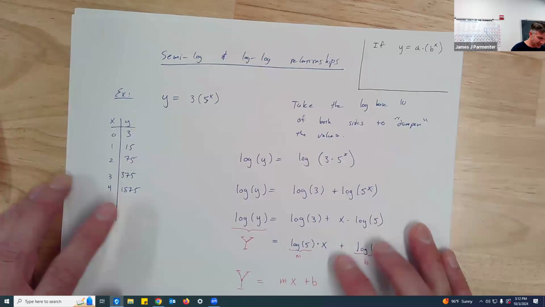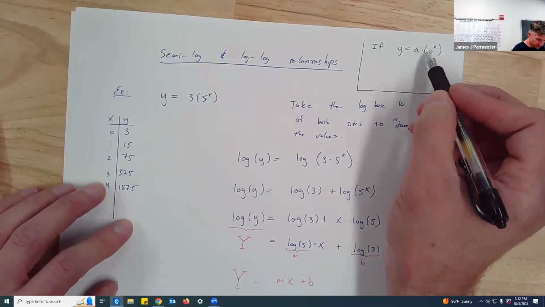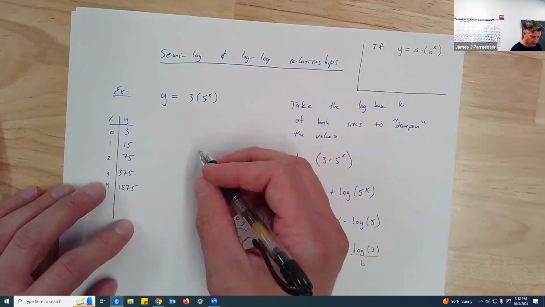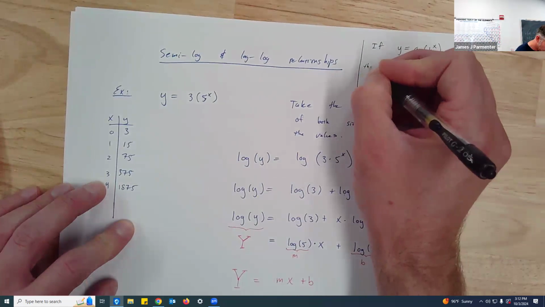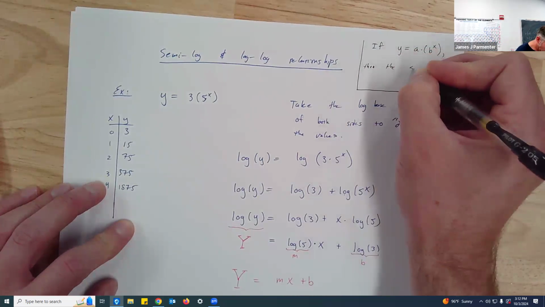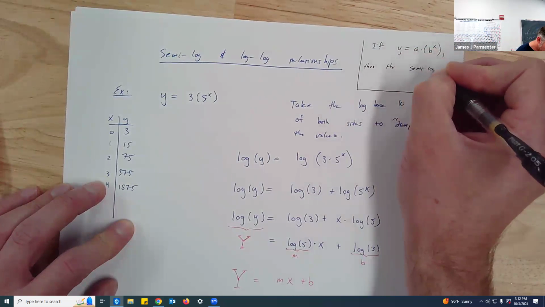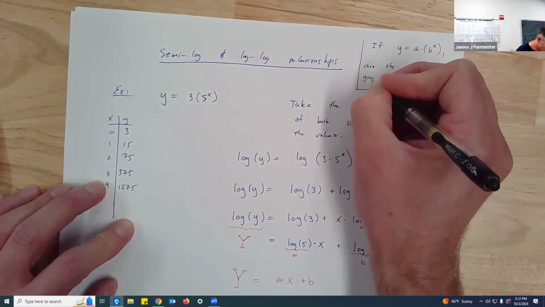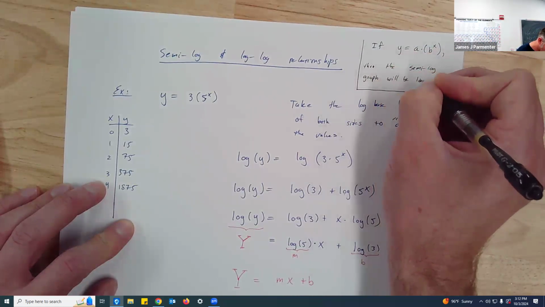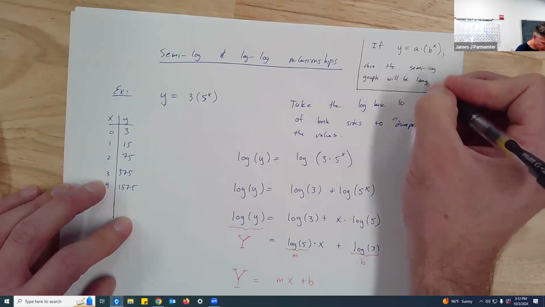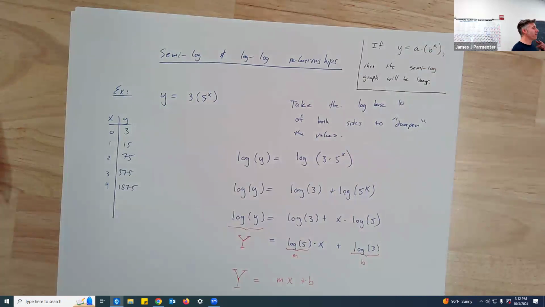It's exponential because you have b raised to the x power. If that's the case, then the semi-log graph will be linear. Or the converse of that, if the semi-log graph is linear, then we know the original relationship was exponential.